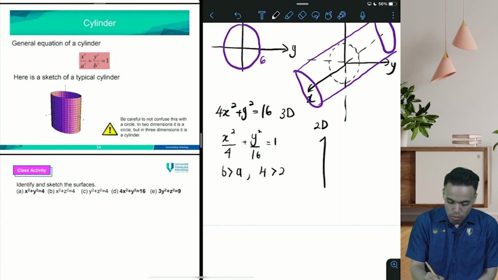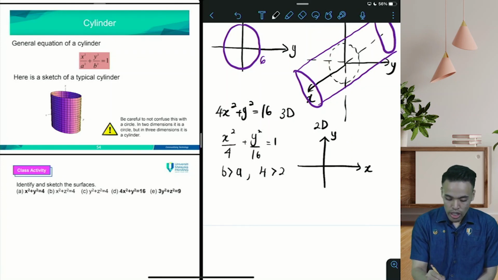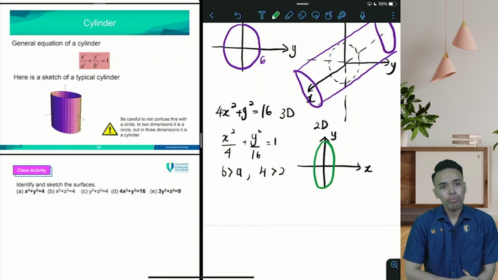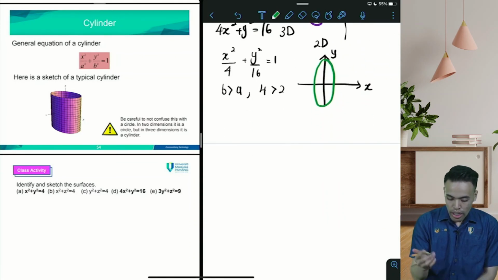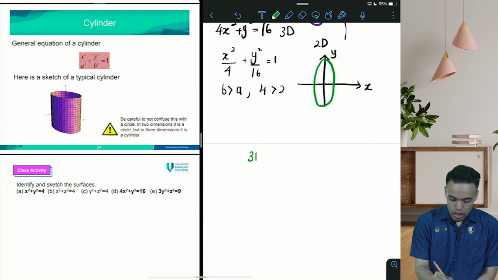In 2D, you will end up with an ellipse, and this ellipse will be measured along the y-axis because the value of b is greater than the value of a. And so you should end up getting this shape instead. Alright, so let's try to project the curve in 2D onto a surface in the three-dimensional coordinate system. Therefore, in the three-dimensional coordinate system, I have z, y, and x-axis.